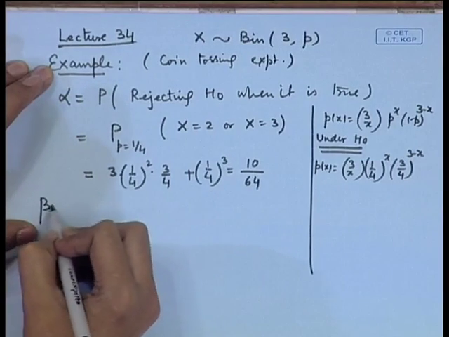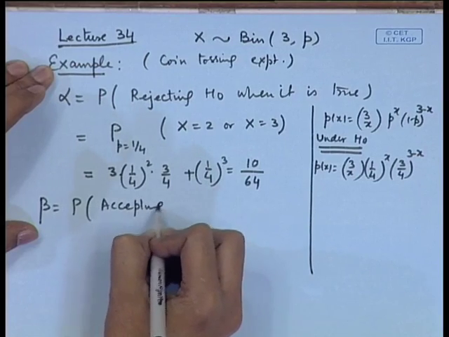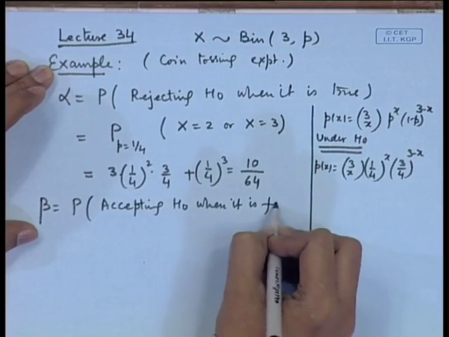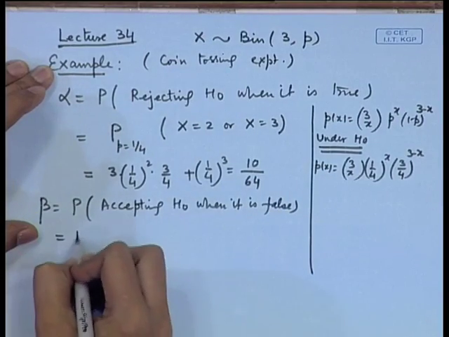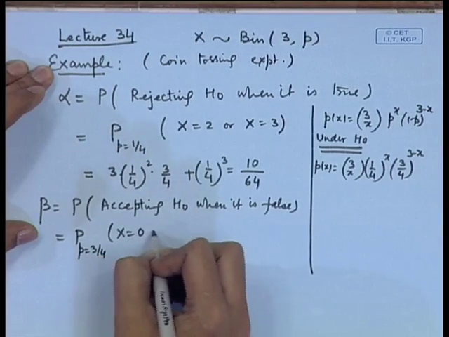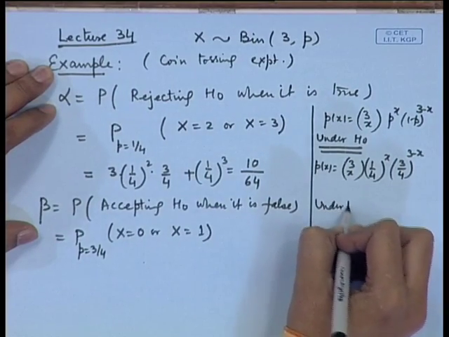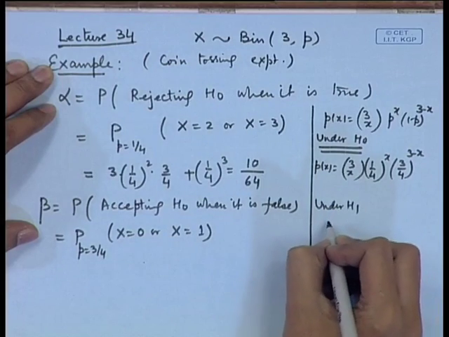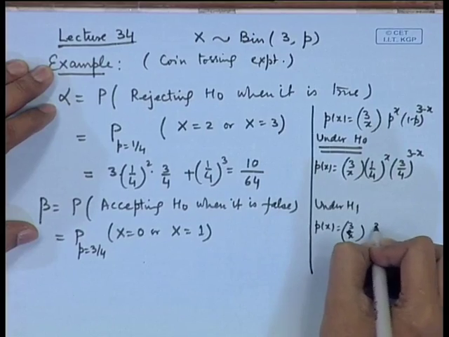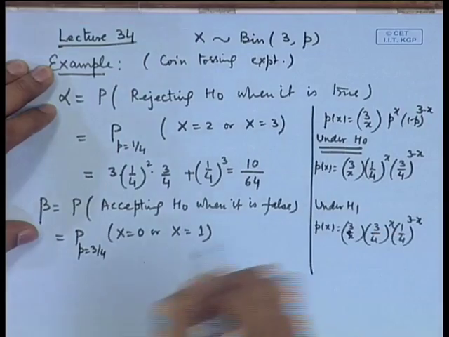Let us look at beta, that is the probability of accepting H naught when it is false, that is probability of x is equal to 0 or x is equal to 1 when p is equal to 3 by 4. Now, under H 1, that is when p is equal to 3 by 4, p x is 3 c x 3 by 4 to the power x, 1 by 4 to the power 3 minus x.